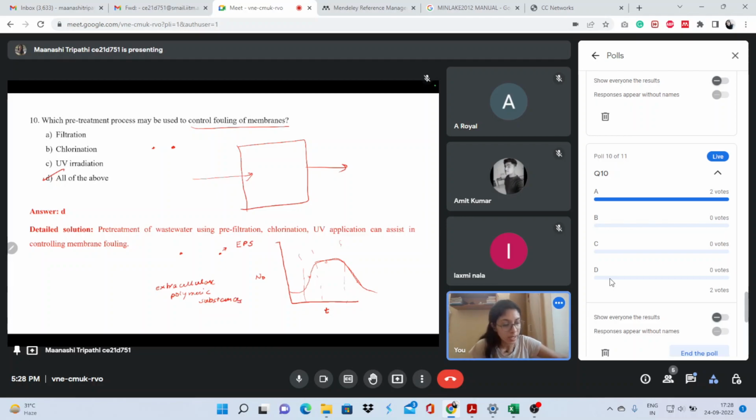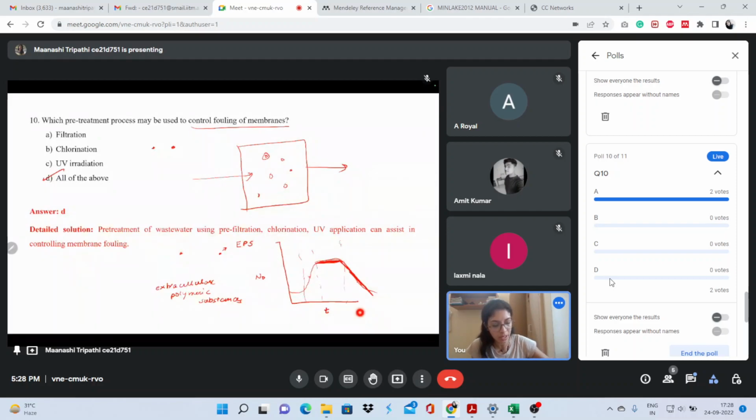Mostly during stationary and death phase, they release these kinds of substances, and these substances are like jelly. So if bacteria, fungi, algae are coming inside the water, they will form a gel-like structure on our membranes. And this can also be called fouling.